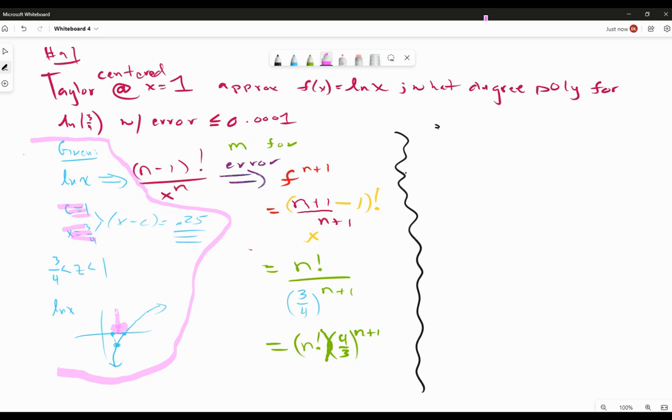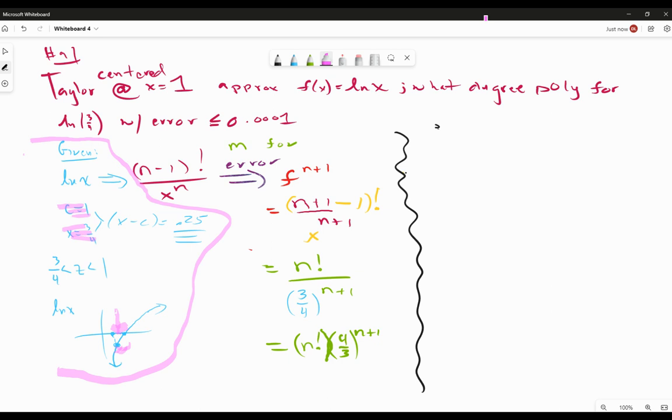So we have to look for the spot where it's going to be the biggest value based on an absolute value system. When you plug in 1 to natural log of x, you get 0, and then 3/4 is going to be off of 0. So 3/4 is going to be our maximum number we're going to deal with. That's the whole idea of what we are looking for here.